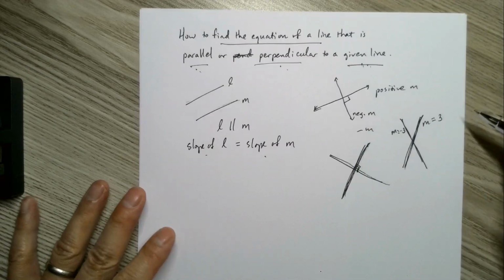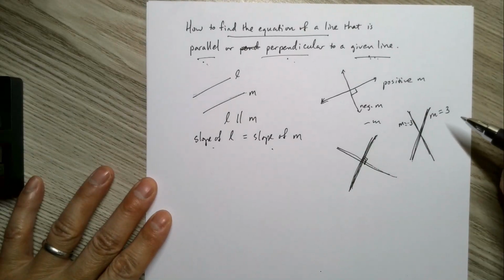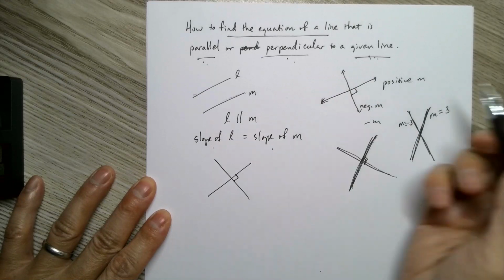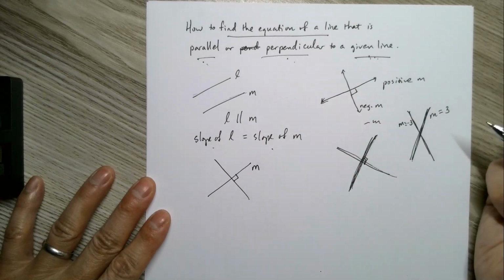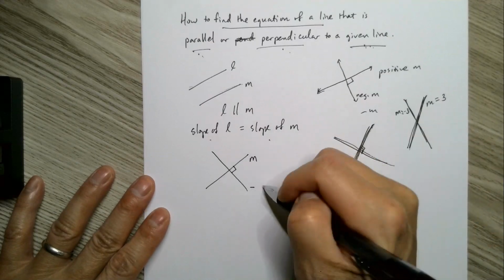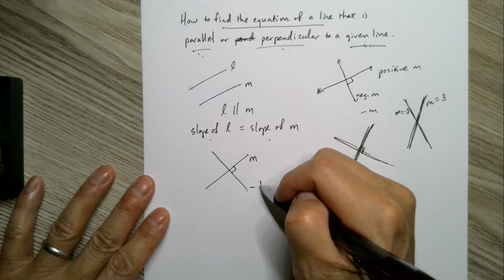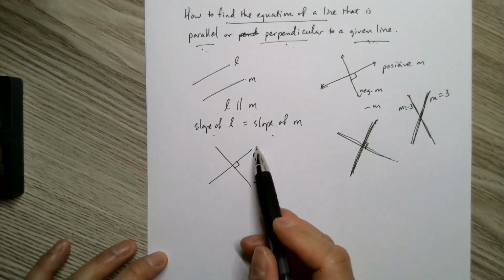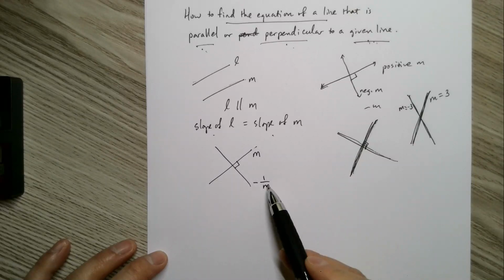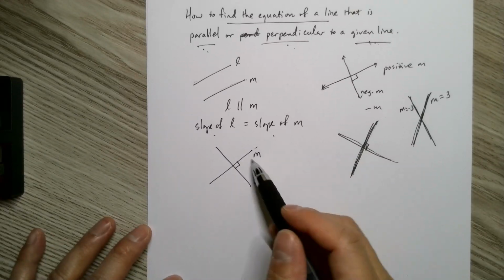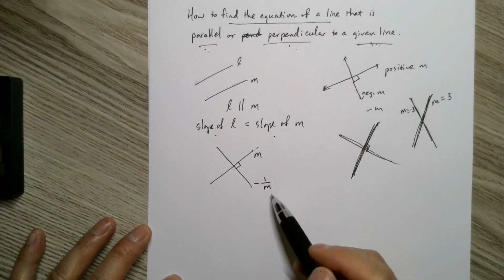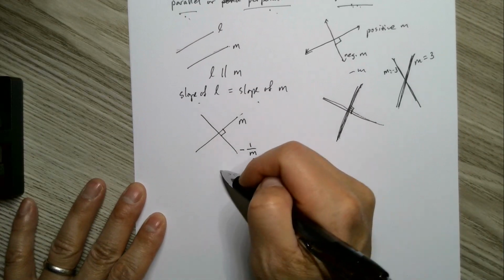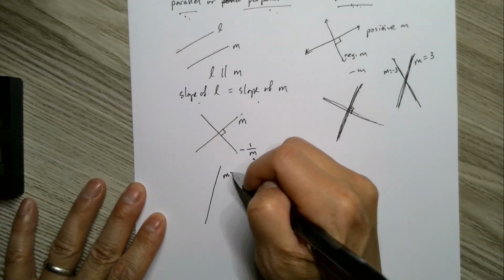So the true relationship between two perpendicular lines is that if this is the slope of one of the lines, the other one is negative, not M, but 1 over M. This ensures that when M is steep, this is not steep, or if M is not steep, this is going to be steep. I'll show you a couple of examples. Let's say we've got a slope of 4 here.